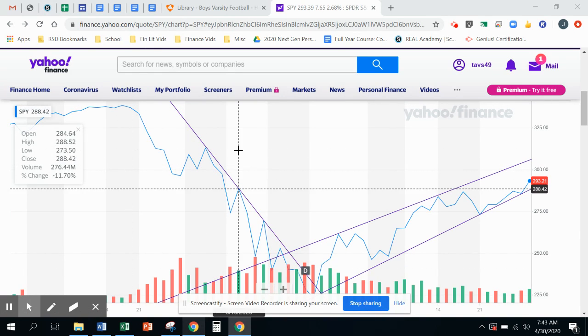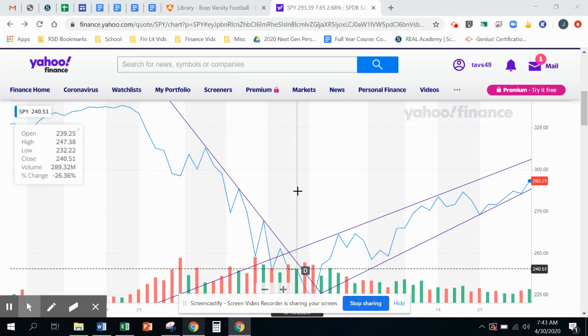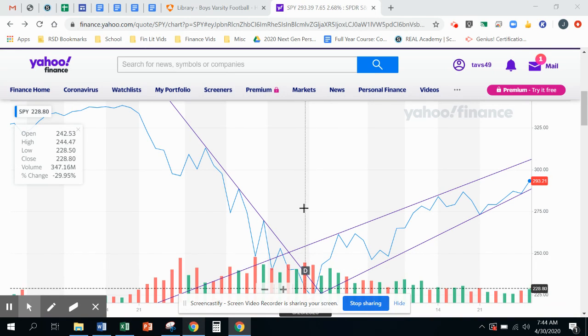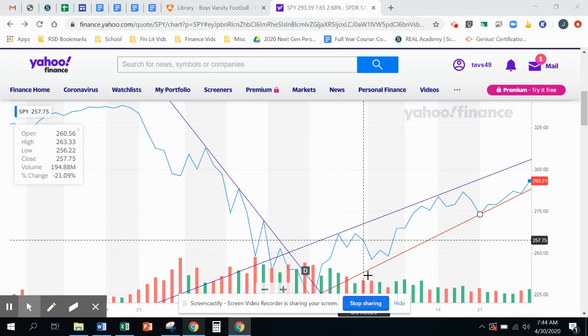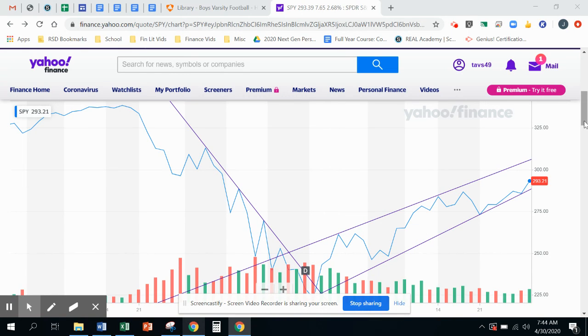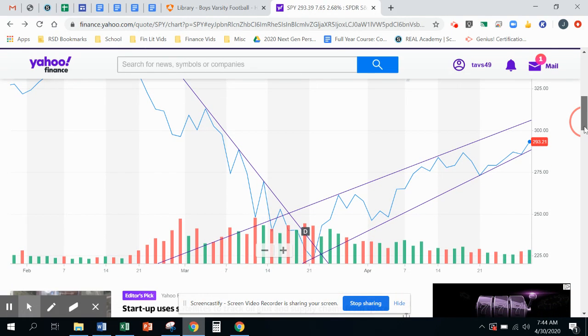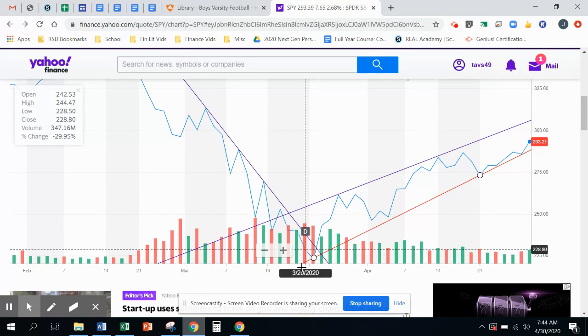That's a number we're going to come back to later when we calculate our Fibonacci retracement. But let's take a look at the points that clue us in to the bottom in the SPY. So March 23rd, we hit a low of 222.95.